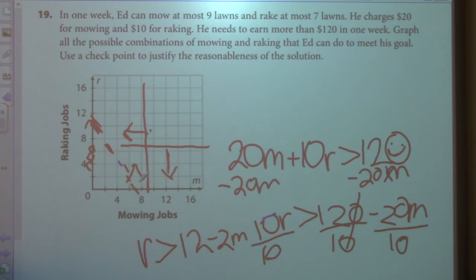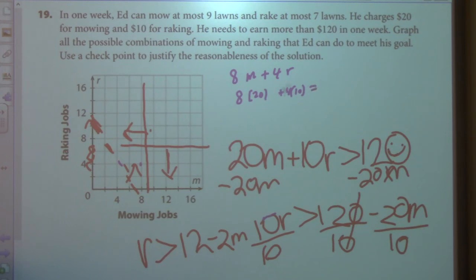8, 4 looks good, right? So it's going to be 8M plus 4R. That's 8 times the mowing, which is 20, and then plus 4 times raking, which is 10.